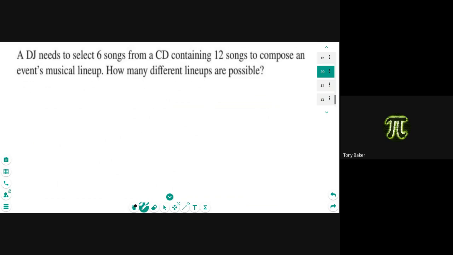No. If you repeat the song, the DJ is going to get kicked out of the place. So we don't have to worry about that. Does order matter? No, they're just 6 songs. So which one are we using, combination or permutation? Combination. So it's 12 choose 6.